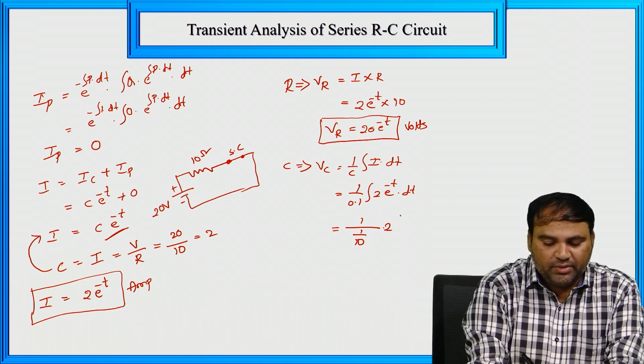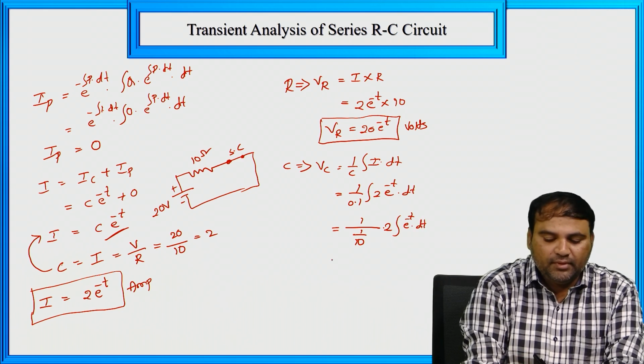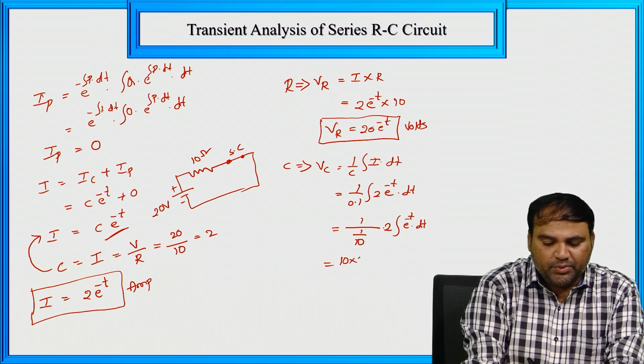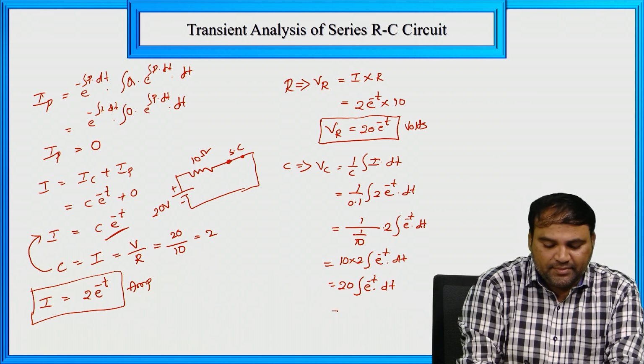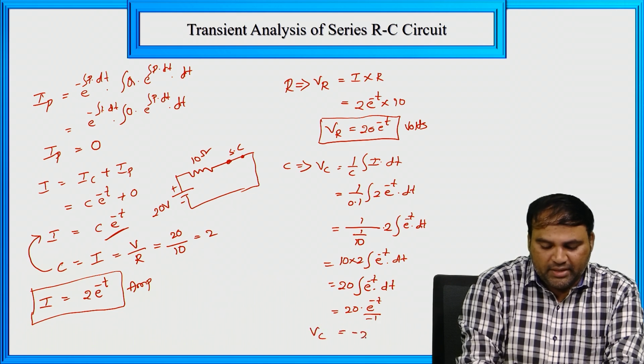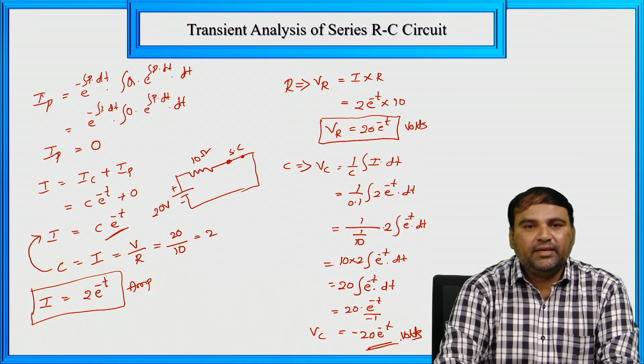So 10 into 2 integral of e power minus t dt, that equals 20 integral of e power minus t dt. Now the integral of e power minus t dt is e power minus t divided by minus 1, so Vc equals minus 20 into e to the power of minus t volts, which is the voltage drop across the capacitor.